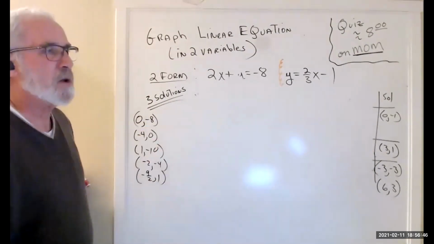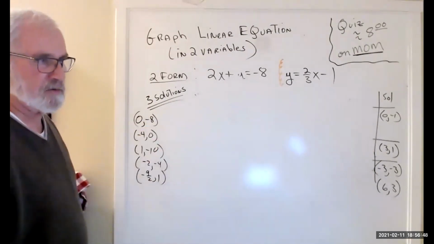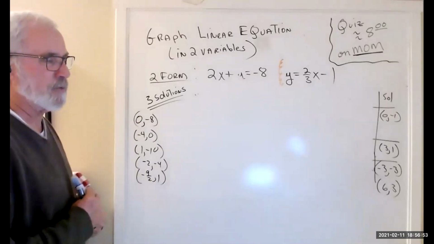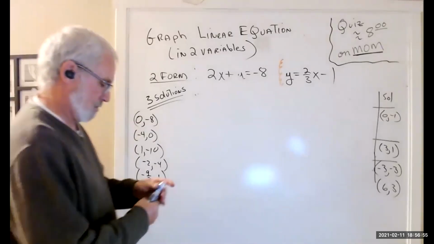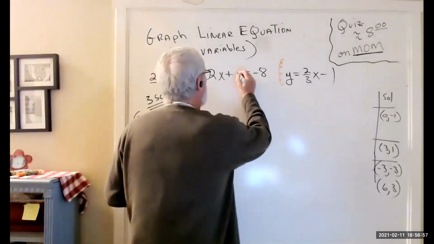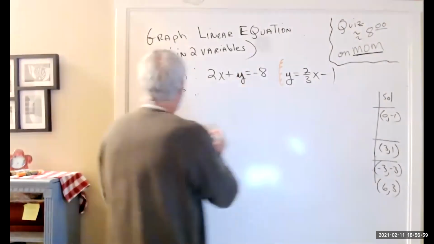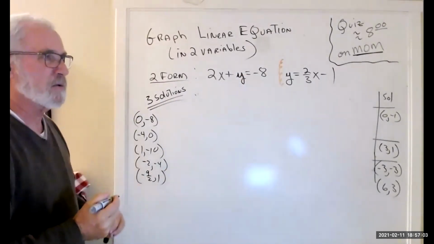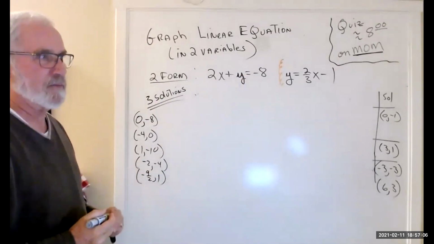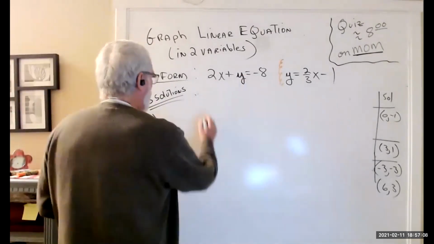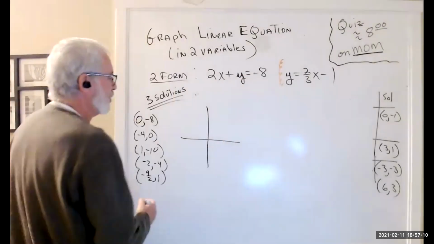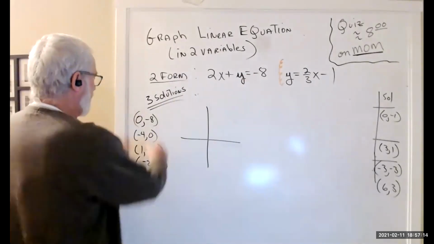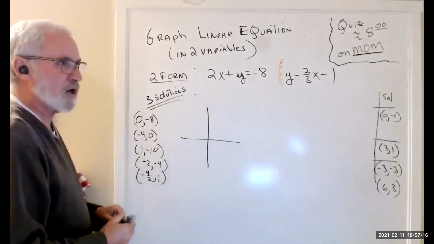How do we show the infinite number of solutions? How do we show that in mathematics? Infinity? Well, no, you're right, it's infinity, but how do we show it? Yeah, we graph it. Okay, so what we did here is we put an XY graph, the XY coordinate system, and we put all these points on it.